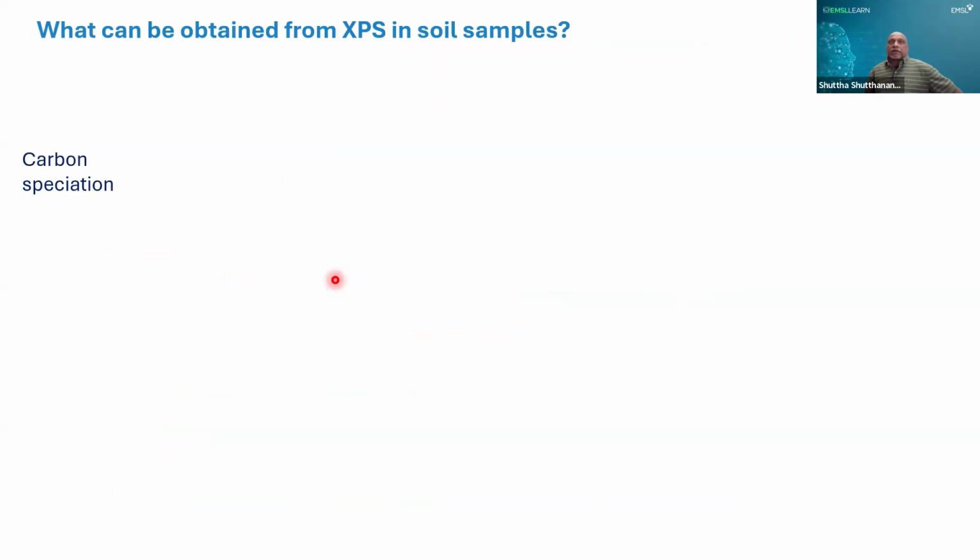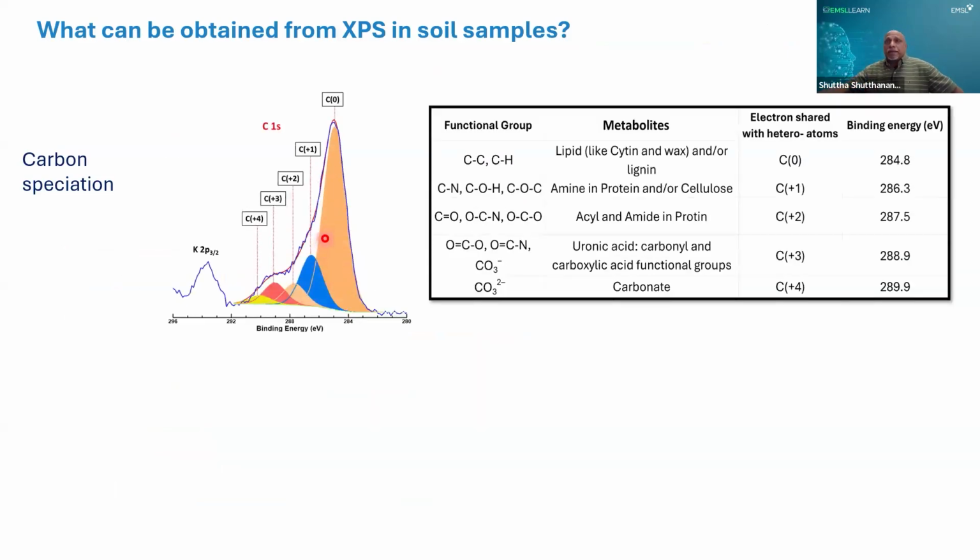So first one is the carbon speciation. Here is the carbon 1s spectrum from some soil sample. You can see in order to fit this carbon 1s spectrum, I had to fit with 5 different peaks. These 5 different peaks we didn't choose arbitrarily, because we chose them based on these binding energies.